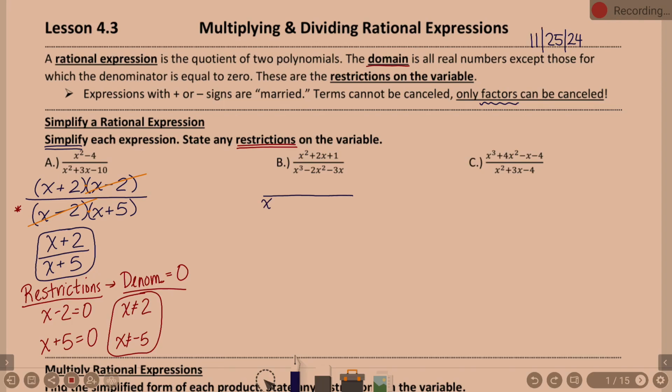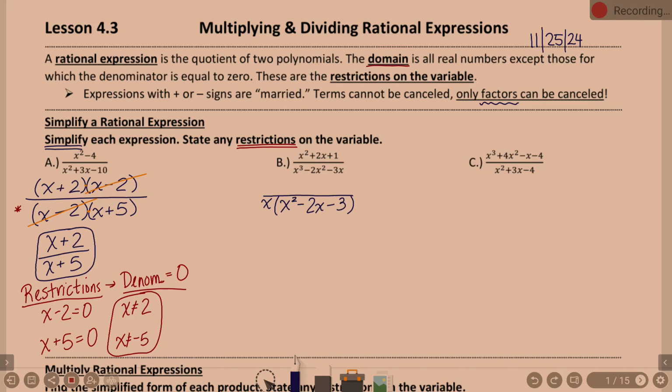So if I factor out that x in the denominator, x cubed divided by x becomes what? x squared. x squared minus 2x squared, if I divide an x out, becomes 2x. Minus 3x, if you divide an x out, becomes minus 3. Now, am I going to be done with that denominator? No, it's actually going to be able to keep going here in a moment.